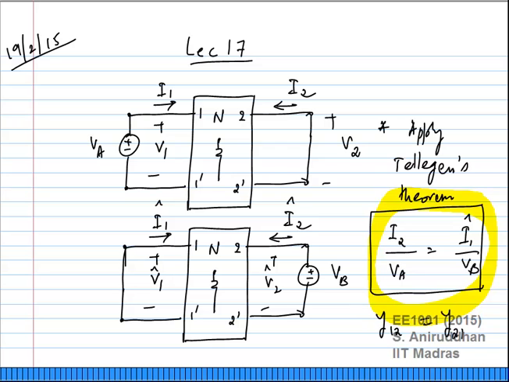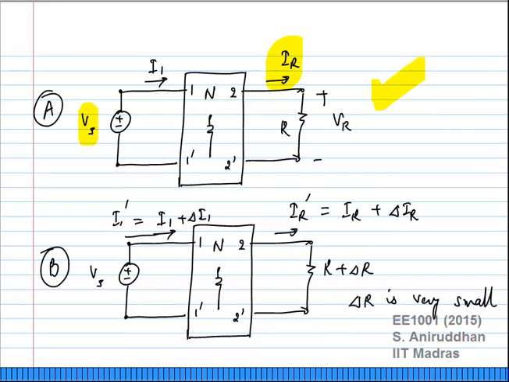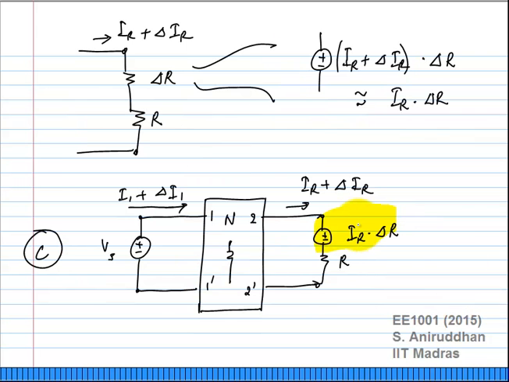Suppose I had defined port 2 for these two networks for case A as 2 and 2 prime, and I had included the resistance inside the network, and I do the same thing for case C also. I can pull this resistance inside the network and have the same graph inside the network. It won't change. That is why you have to figure out how to apply reciprocity, substitution and so on.